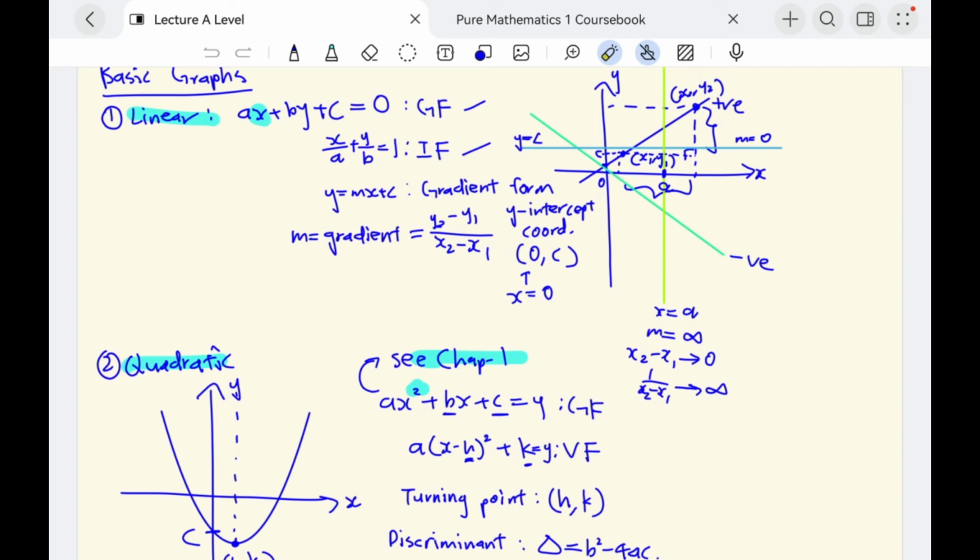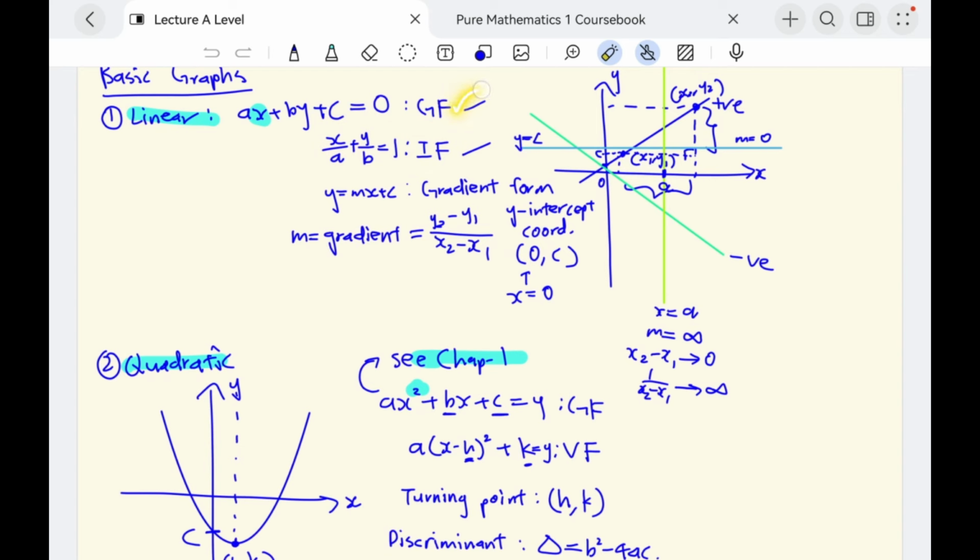It is ax plus by plus c equals 0. That means you need to have x, you need to have y, and also a constant. This constant refers to the y-intercept. There is also an intercept form, x over a plus y over b equals 1. This is your intercept form.